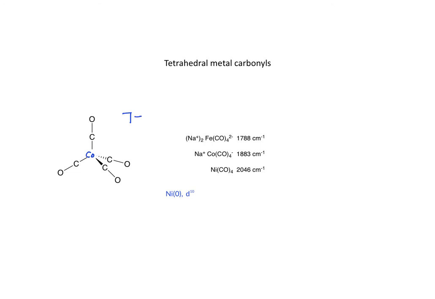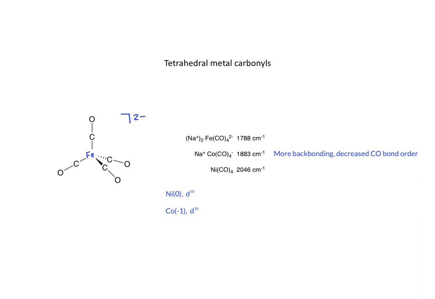Cobalt tetracarbonyl anion is a group 9 metal with an additional d electron, once again having d10 electron count. Notice that with a negative charge on the metal, more back bonding leads to decreased carbonyl bond order.